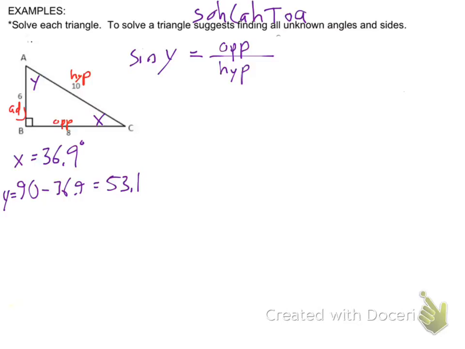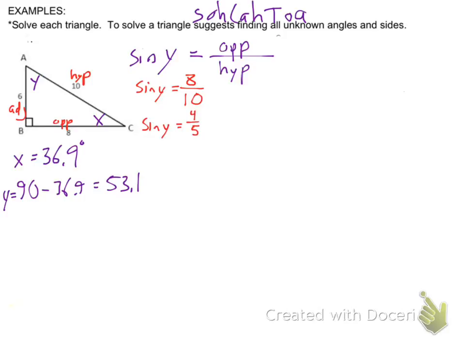When you change angles, it's going to change, but hypotenuse will at least stay the same. So that means that sine y is equal to, what's the opposite side? 8 over hypotenuse 10. Or we can just simplify this to 4 over 5.